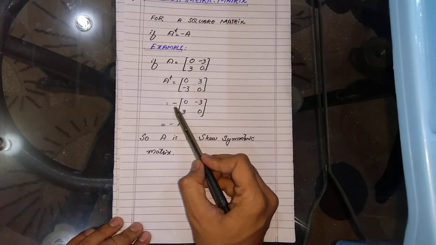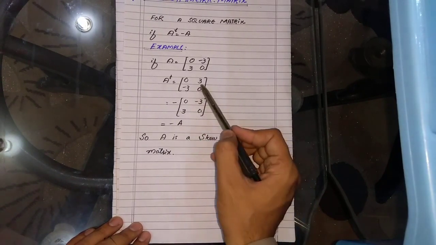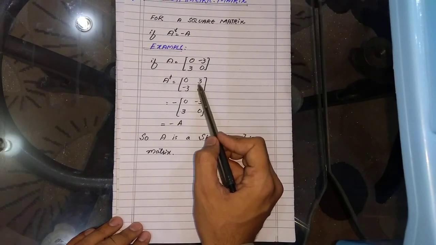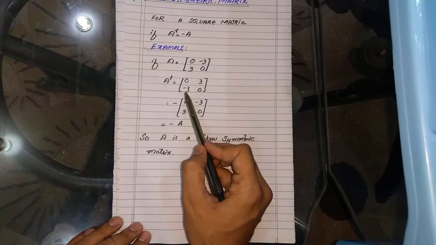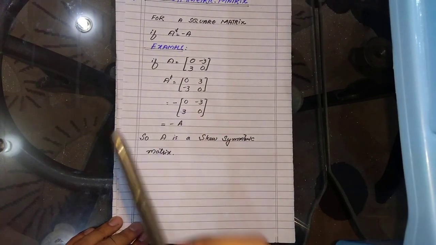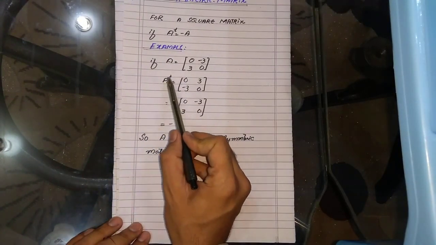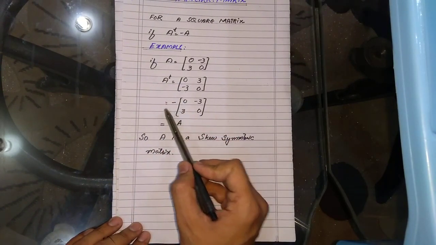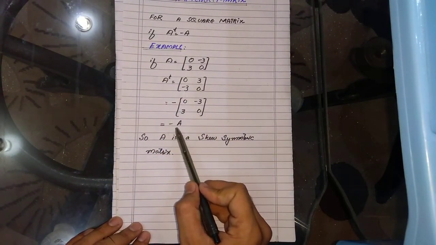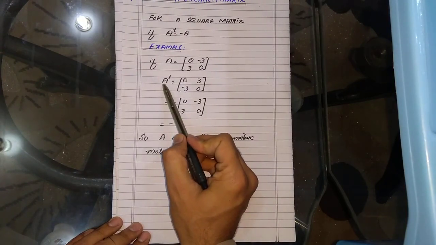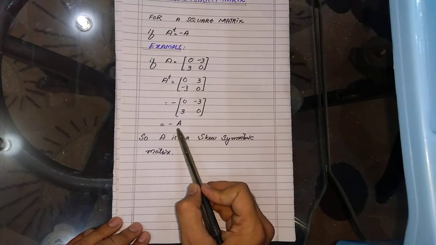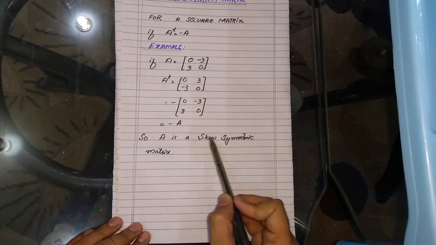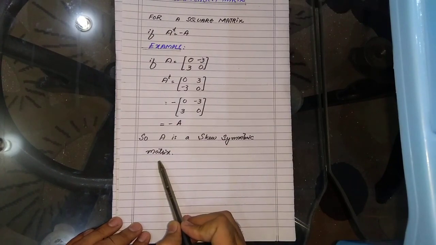So look here student, what is the impact of taking minus common from that matrix? The sign will be changed. Look here, the sign of plus 3 has become minus 3 and the sign of minus 3 has become plus 3. So now look here student, we have calculated A transpose, but instead of giving A, it has given us minus A. The transpose of matrix A is not equal to A, it is equal to minus A. So you can say that A is a skew symmetric matrix.